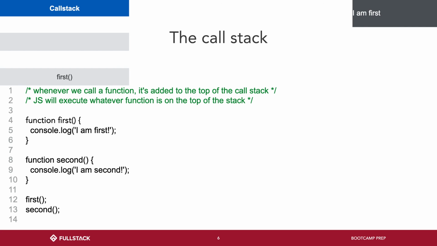Then we see "I am first." Then first gets taken off the call stack. Then second goes on the call stack, second runs, and we see "I am second." Then second gets taken off the call stack. Does this make sense? Call stack is okay with you guys? Cool.